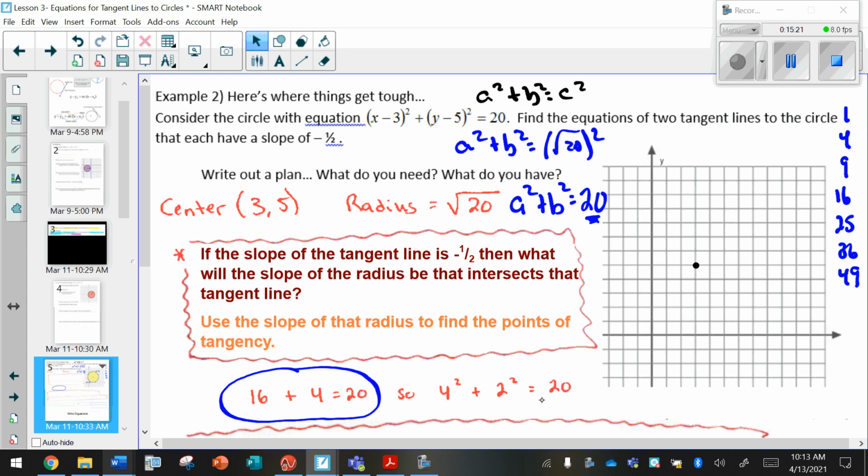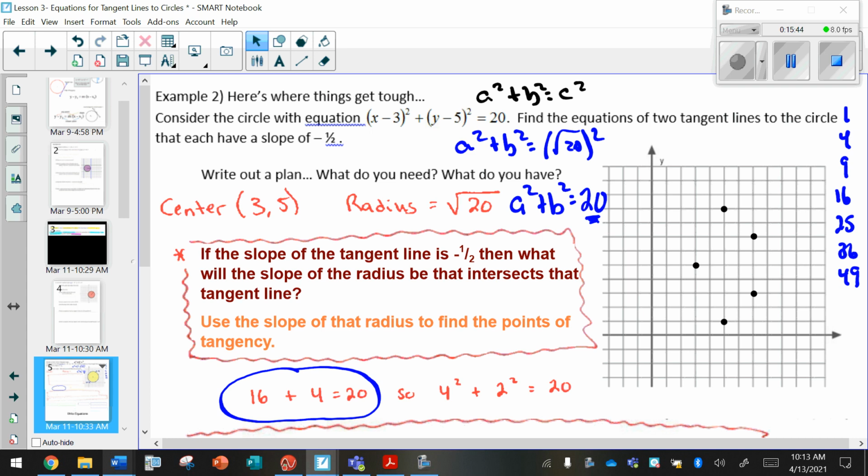That tells me that to get more points on my circle, I can go up 4 over 2 and get another point on my circle. Or up 2 over 4 and get another point on my circle. Or down 2 over 4, or down 4 over 2.